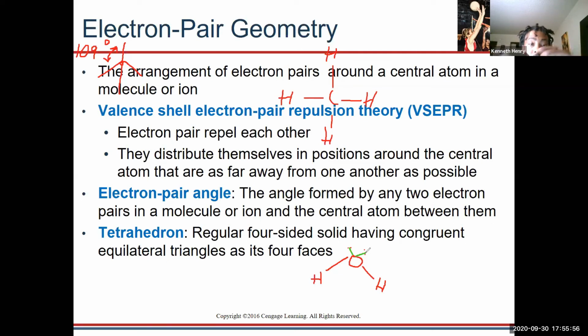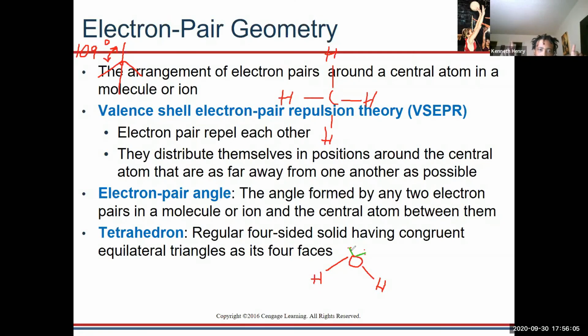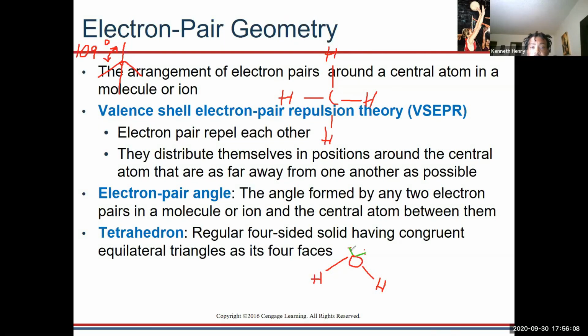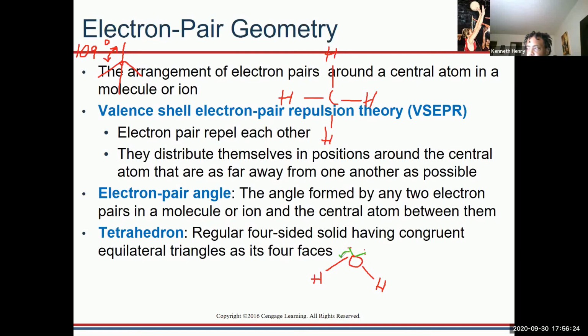They're going to try to push each other as far apart as possible. These lines just represent little antennas for the electron pair, so you know that they're electron pairs. And I'll show you another figure in a minute that'll clarify that. They're electrons, so they want to be away from each other, and because of that, that also pushes the rest of the structure. That's going to cause this atom to be pushed down the way it is, so it has a bent structure. Do you see the bent structure?